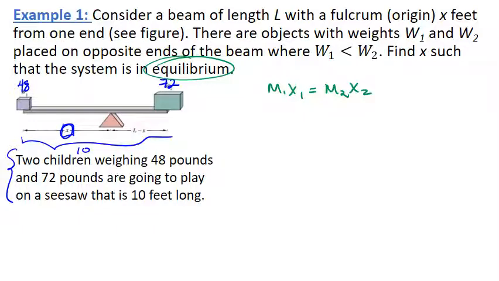So let's focus on these two sides. On the left-hand side, our mass is 48, and the distance, we don't know the distance to the fulcrum, and it is referred to as x. On the other side, our mass is 72 pounds, and this distance is L minus x, where L represents the length of the entire beam, or seesaw in this case.